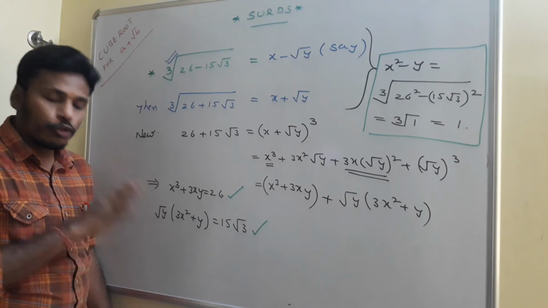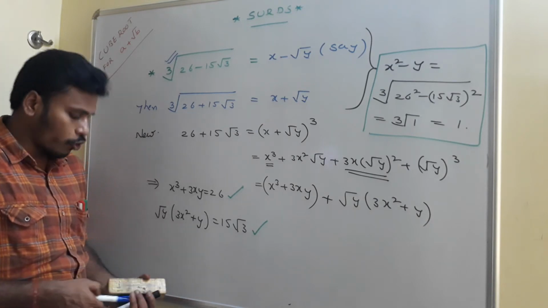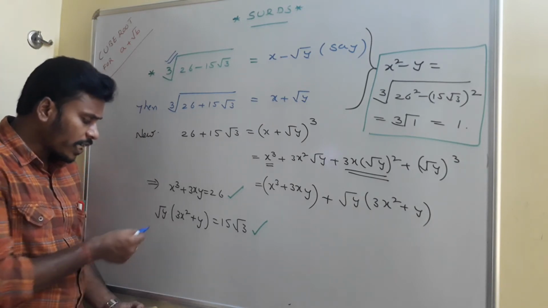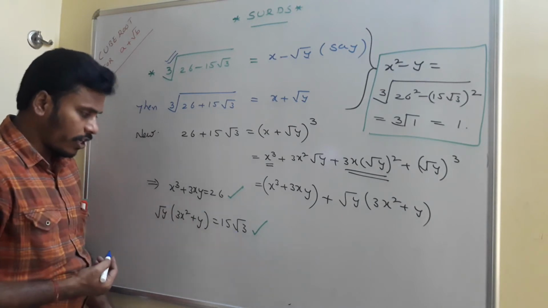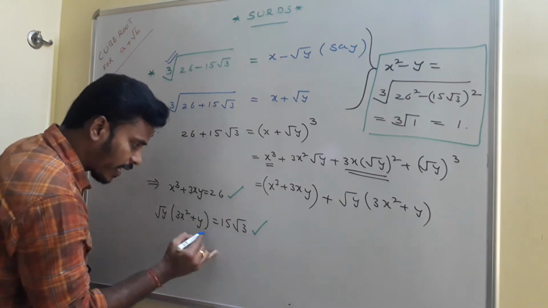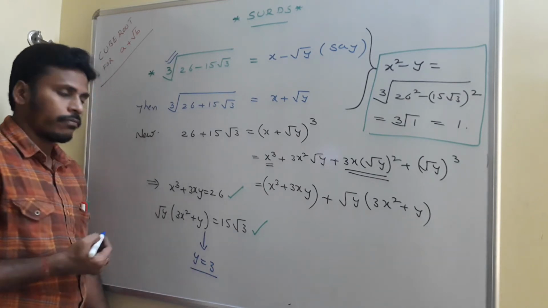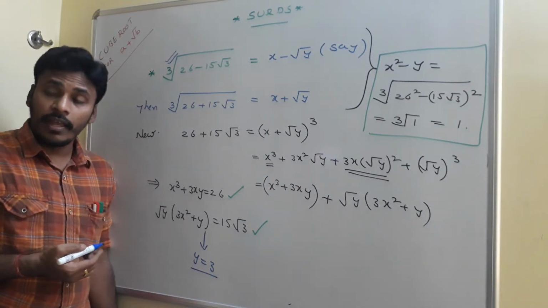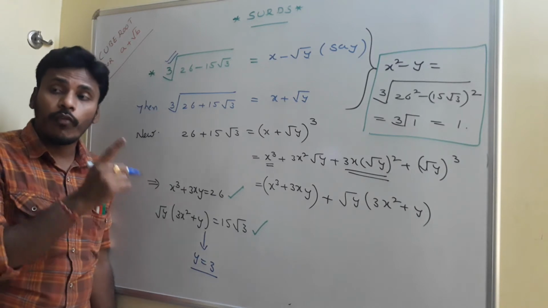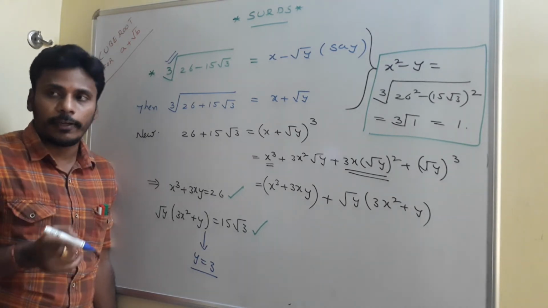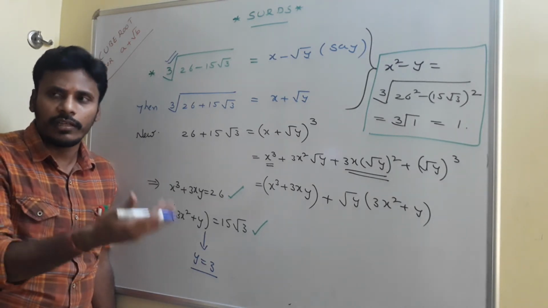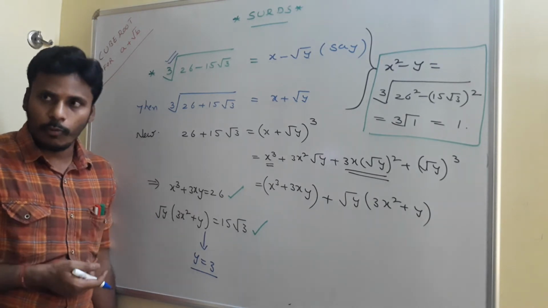Now for this problem, you just guess that y is equal to 3, because here root y is involved and here root 3 is involved. So from this second case, I am guessing that y is 3. But sometimes my guess won't work. If my guess won't work, you need to frame a cubic equation and then find it. It is a somewhat more difficult case again. I will give you one more problem further.